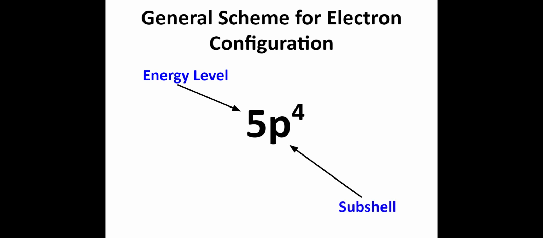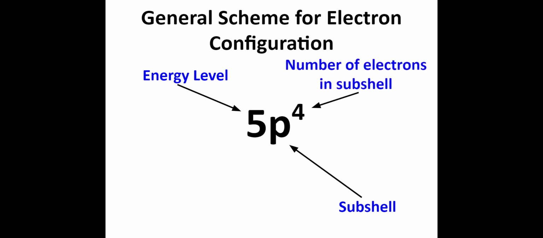In modern times, students basically don't even learn that that's what the letters mean. It's historical, so you just call them the S, P, D, or F subshell. The superscript that comes after the subshell letter represents the number of electrons that are in that subshell.